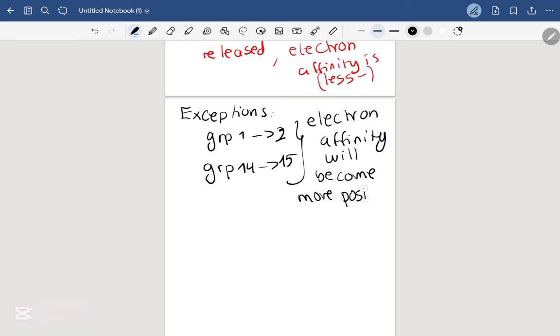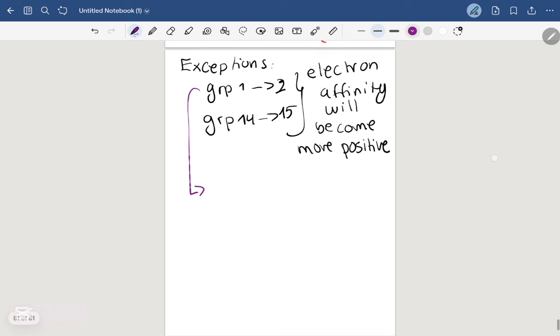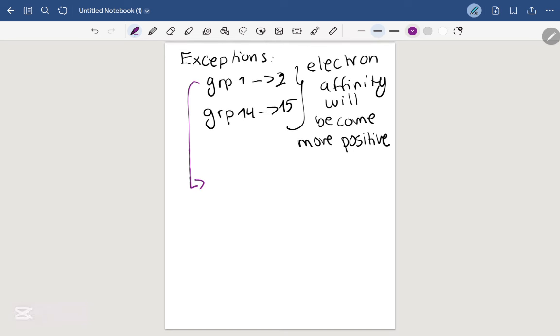There's two reasons. The first reason is from group 1 to group 2. Let's choose, for example, sodium and magnesium. Sodium Na, magnesium Mg. Let's write the electronic configuration. Sodium is neon 3s1, whereas Mg is neon 3s2.